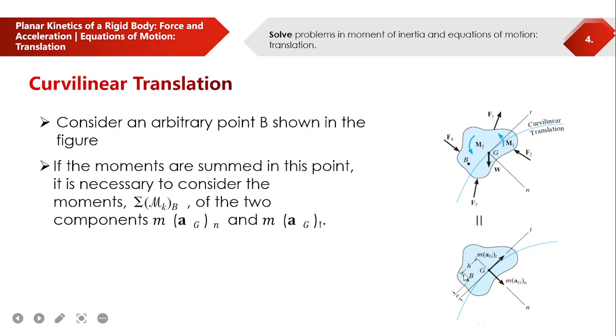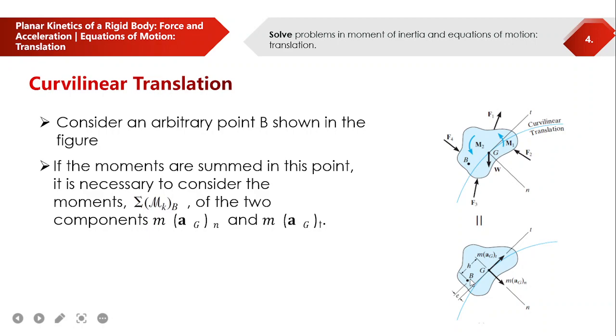So, you have a radial distance for your m a sub t. Because we are summing all the moments, you need a moment arm, and then your force will be m times a sub g sub t. Now, for your a sub t, your moment arm from point B will be H. And then for your m times a sub g sub n, the moment arm from point B will be E. Okay?